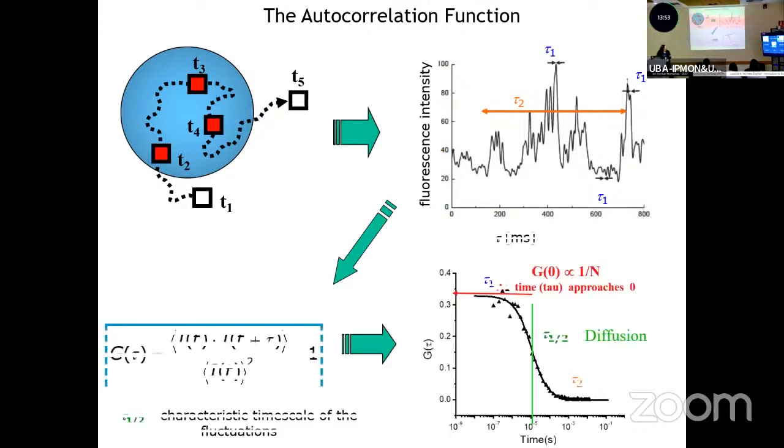So by calculating the correlation of the intensity, if we're looking at intensity at time t, we can multiply that by the intensity at time t plus tau, so the time delay, the intensity further in time, divided by the average intensity squared, and then we normalize to 1.